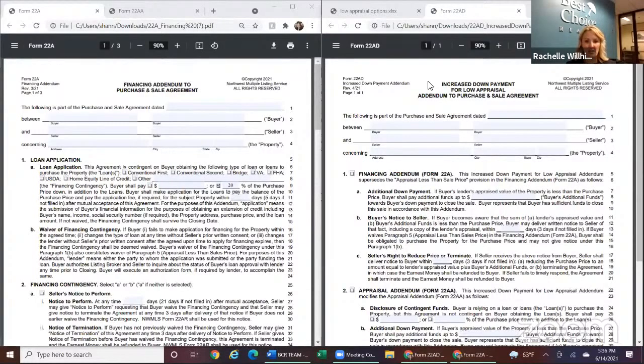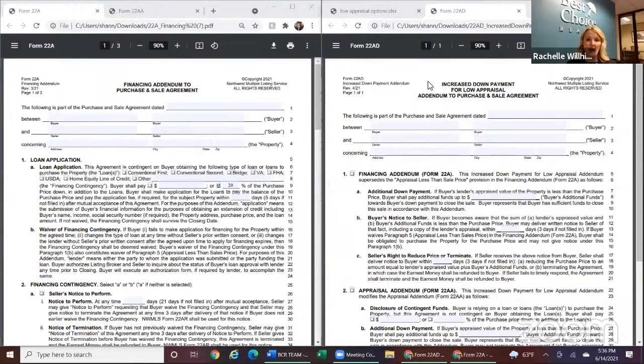Then you have the section on 22AD. The listing agent comes to you and says, Rochelle, we're in a multiple offer situation. We realize you're putting 20% down, but we're not only looking for highest and best, we're also concerned that the escalations might increase the price to a point where I'm not confident it will appraise.